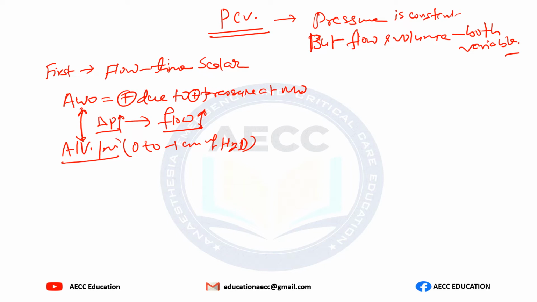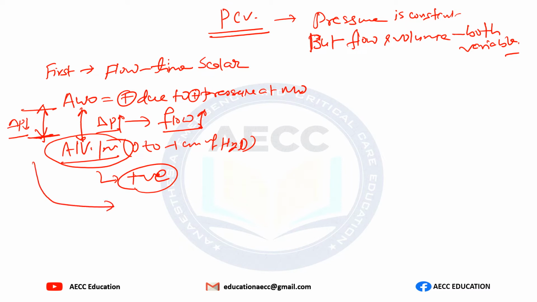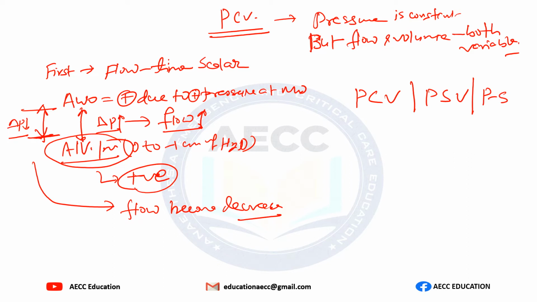After some time, this alveolar pressure becomes more positive, so this pressure gradient becomes reduced and gradually the flow decreases. Hence, in the pressure control ventilation or pressure support ventilation or PSIMV, in all these conditions, flow is descending type.